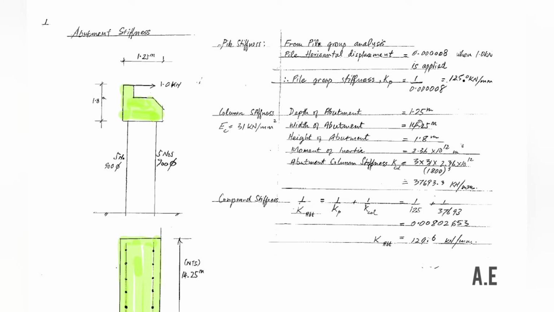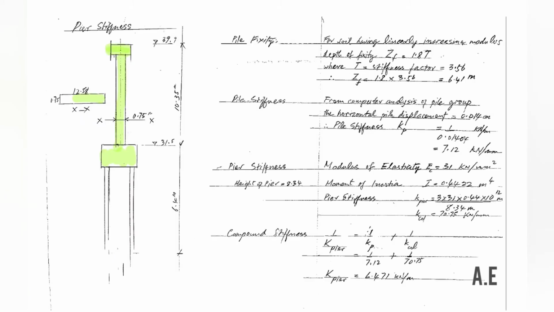We then use the stiffness value we have obtained for the pile group as well as the column stiffness to get the compound stiffness as shown in this formula. For this exercise, we obtain the abutment stiffness to be 124.6 kilonewton per millimeter.